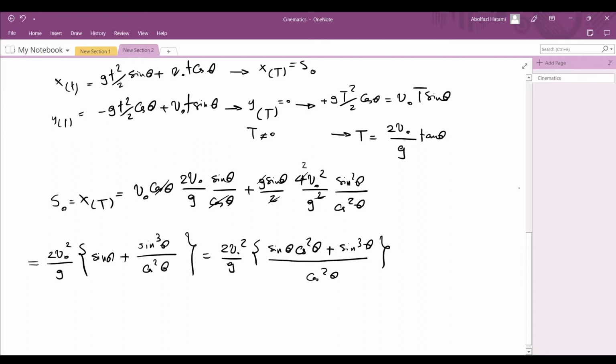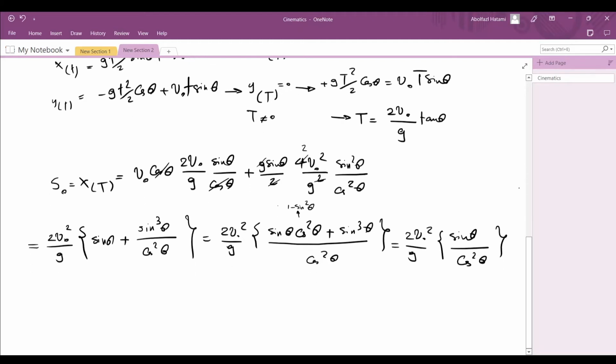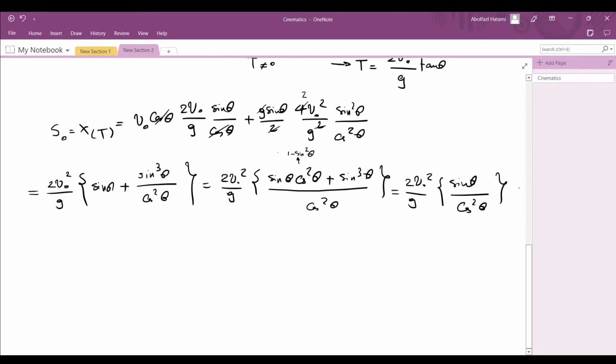Here I can write cosine squared of theta as 1 minus sine squared of theta, and I can obtain from this sine theta divided by cosine squared, and it is something like this. Cosine theta tangent of, this is part A. This is actually S0.